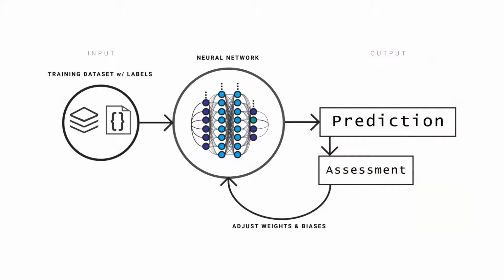So how does a machine learn? Well, firstly, a massive data set with labels is produced. Labels are correct outputs that are prefabricated. These are then fed into the neural network, each image at a time. And the neural network produces a prediction, and then it assesses itself against the label.